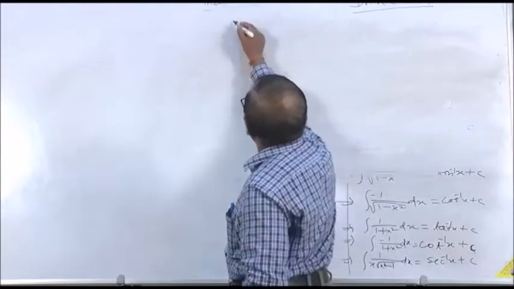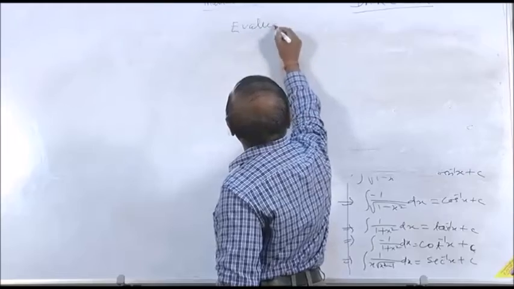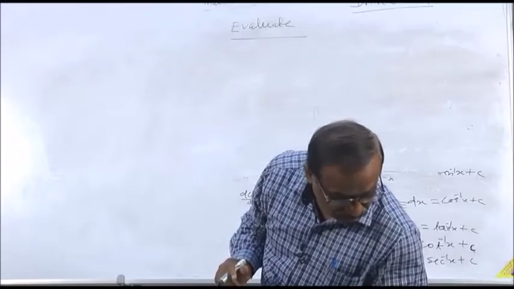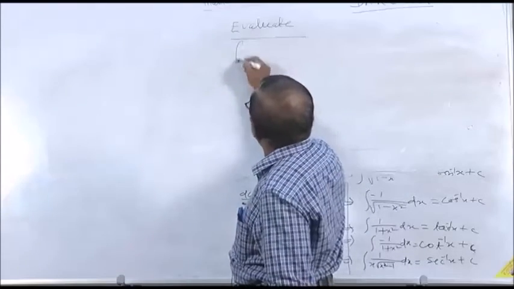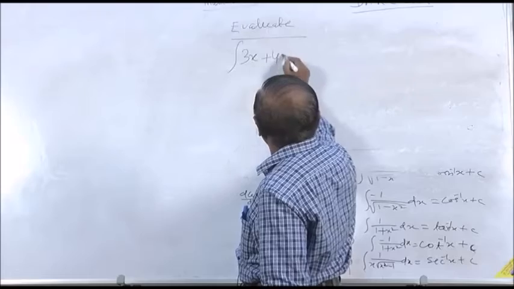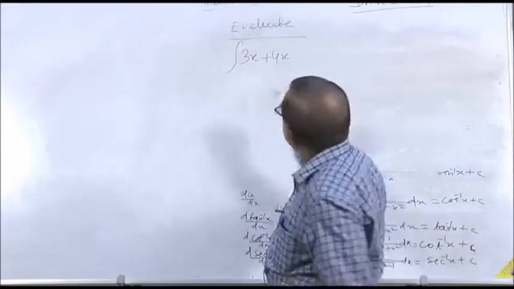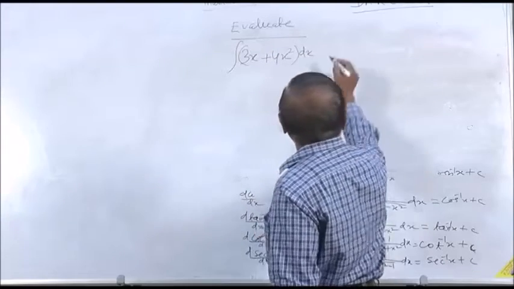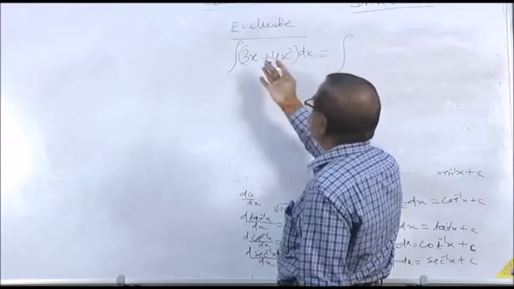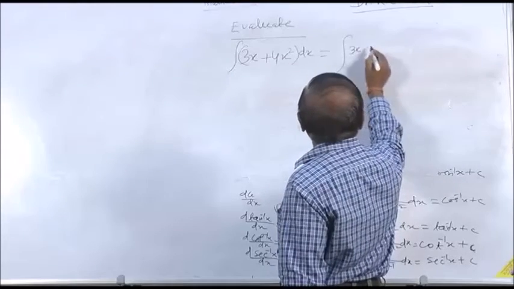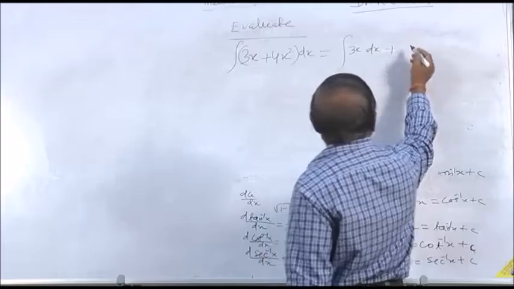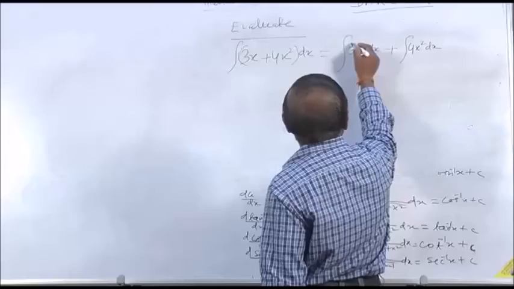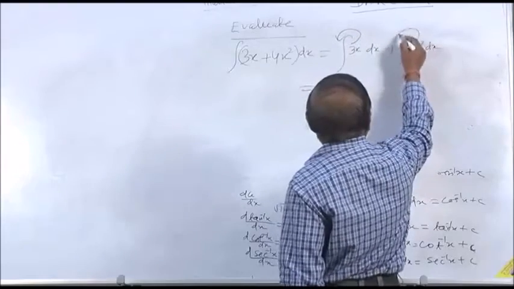Evaluate this. You see, this is simply the addition rule. We can write it like this, as we know this constant will go out of the integration and derivative sign.